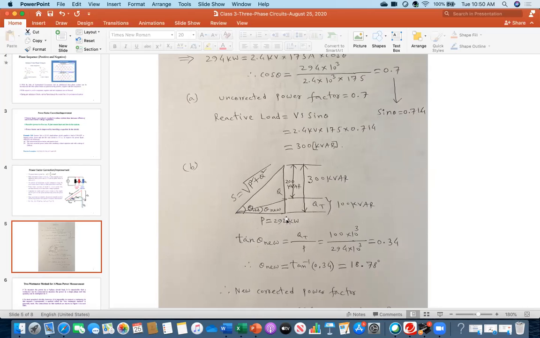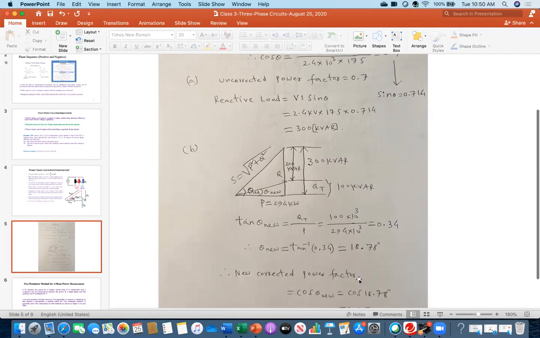Because I know P and I know the Q value, but I don't know S. So I am taking the help of P and Q. Tangent theta is perpendicular over base, so QT over P. What is QT? 100 kilowatt. I converted it into watt, and the P value was 294 kilowatt, which I also converted into watt. So I got 0.34. So what is theta new? Tan inverse of that, 18.78 degree.